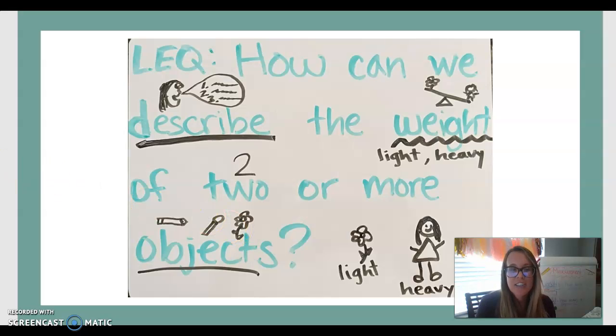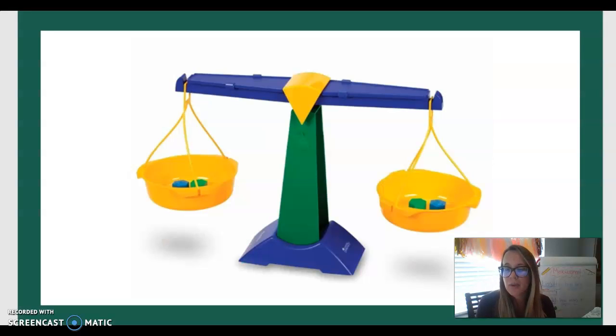Okay, we're going to look at our scale again so that we could practice talking about that and understanding how we can measure weight. So remember, we talked about how this is a balance, and it'll be a straight line when the 2 parts are equal. So you could see 1 blue cube, 1 green cube, 1 blue cube, 1 green cube. So we know these are equal right now.